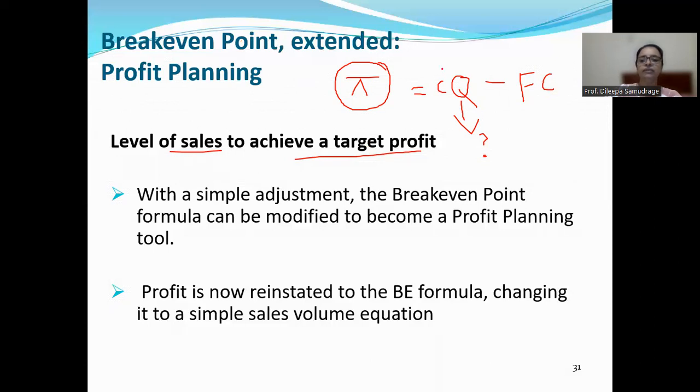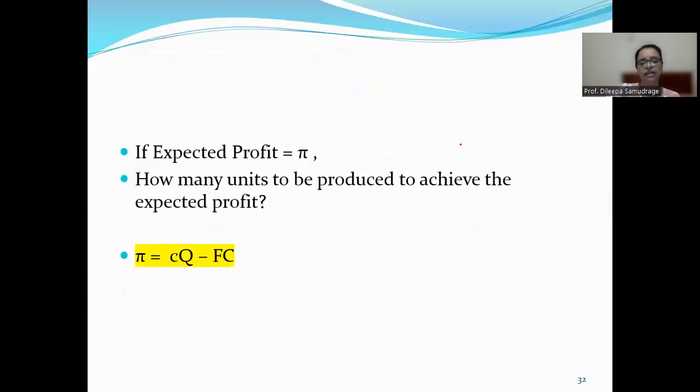Yes. What you have to do is keep Q here and take the other things to the other side, right? So profit plus fixed cost divided by contribution. So this is the equation. Q equals expected profit plus fixed cost divided by contribution per unit.